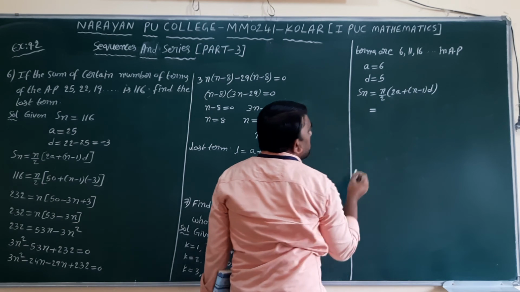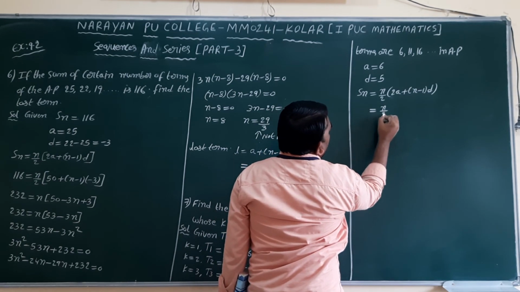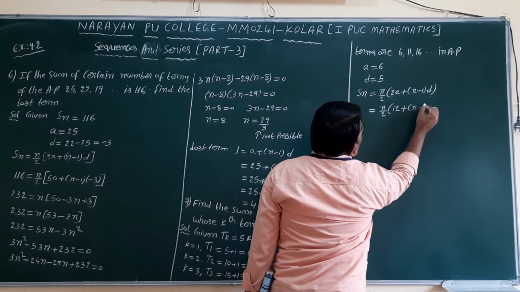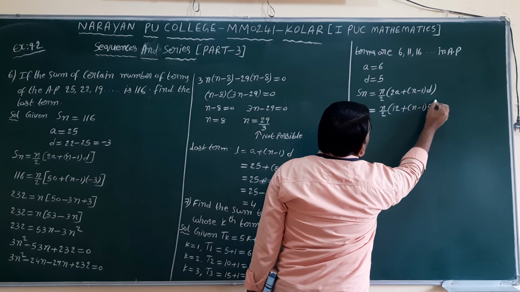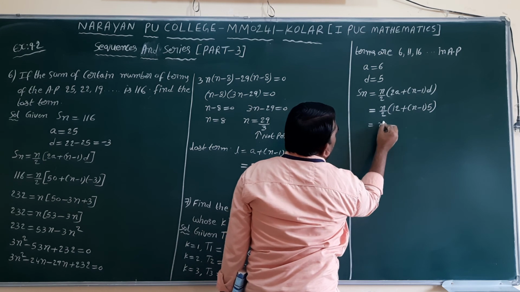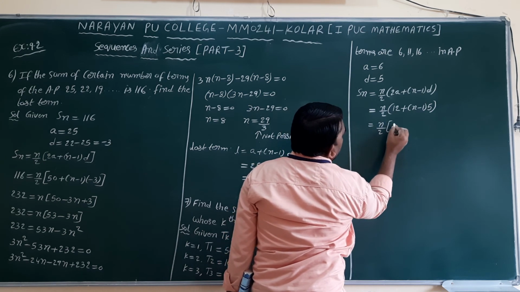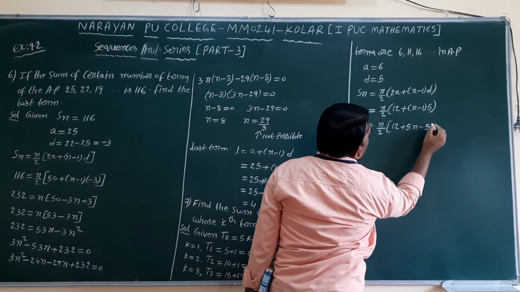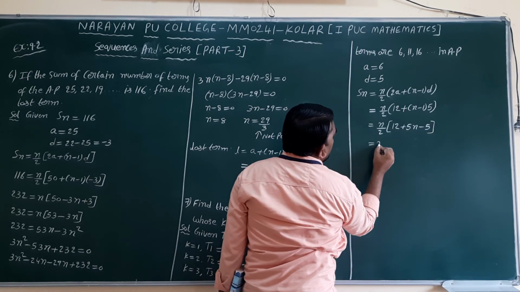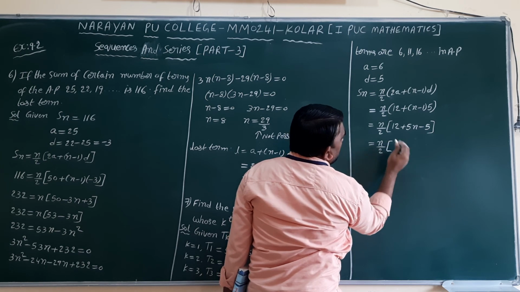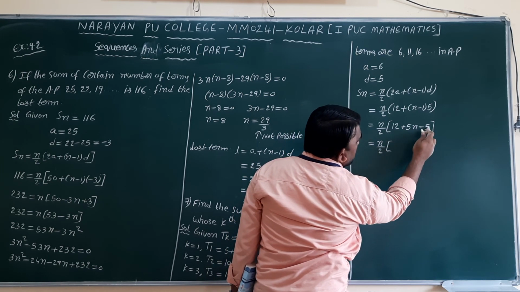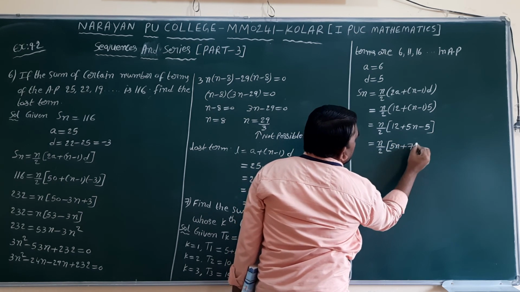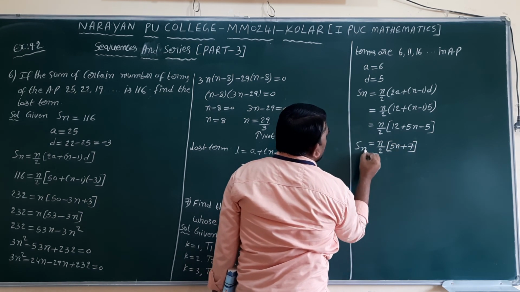So a and d values substitute. n by 2 into 2 into 6, 12, plus n minus 1 into d value 5. n by 2 into 12 plus 5n minus 5. n by 2 into 12 minus 5 is 7, plus 5n. So n by 2 into 5n plus 7, that is the Sn value.